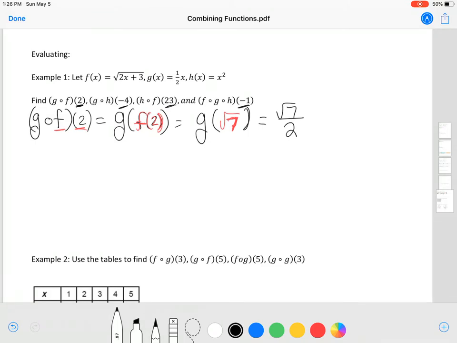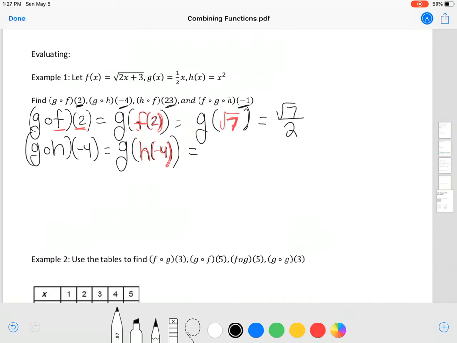Now I'm going to find g of h of -4. That means I'm going to take my function g and plug in h of -4. So I need to find h of -4 first and then plug that into my g function.